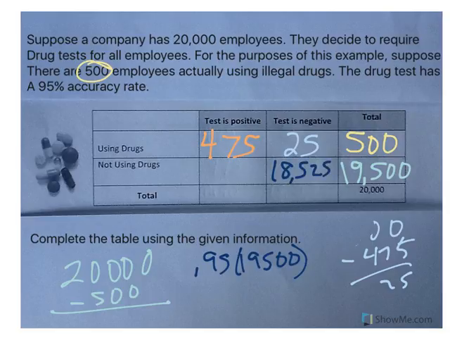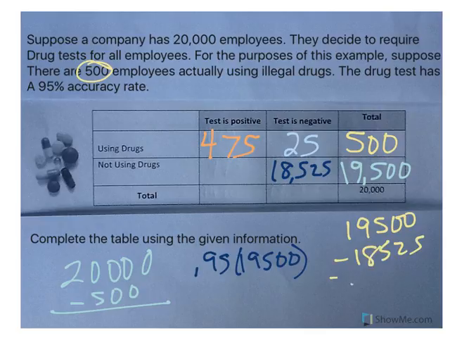And again, you're going, but... exactly. If I had 19,500 and 18,525 of them tested negative, that means 975 of them will test positive. So 975 clean people, clean from drugs, are going to test positive for drugs in this drug test.